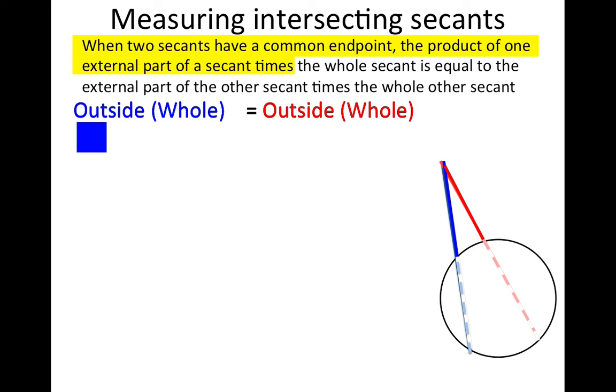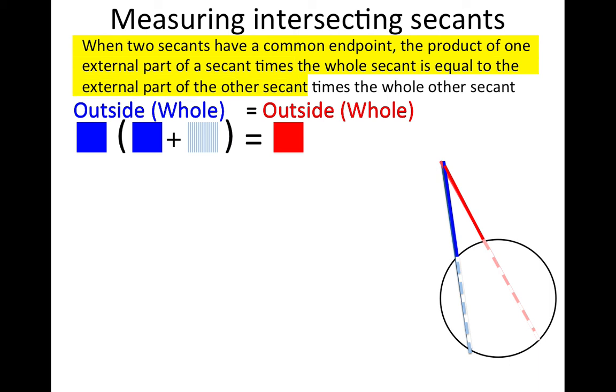Now the product of one part of the secant times the whole secant, so the whole secant is that blue part plus the light blue part, that's equal to the external part of the other secant, so that would be the bright red part, times the whole secant. So again, that would be red plus the dotted red.